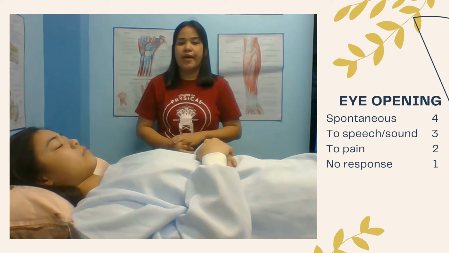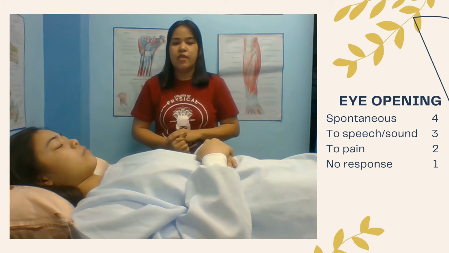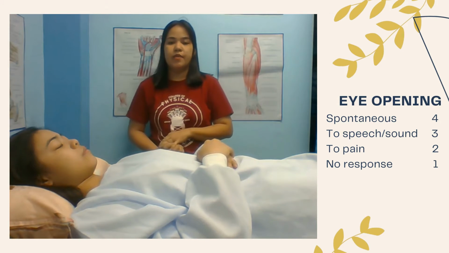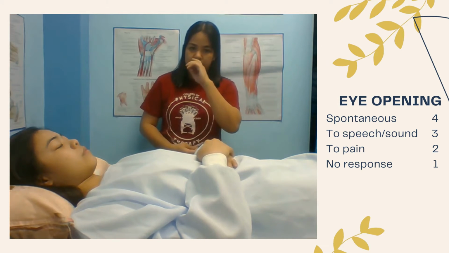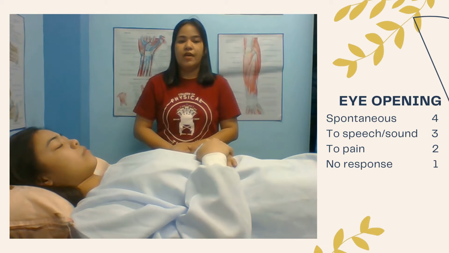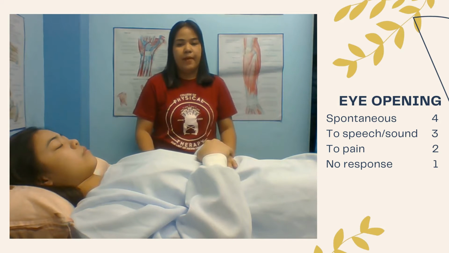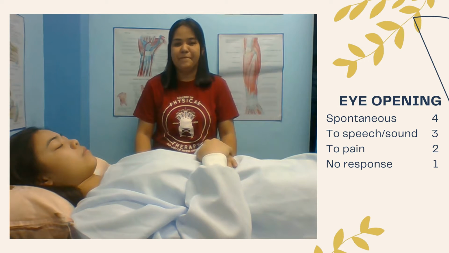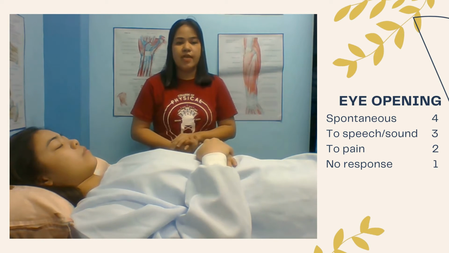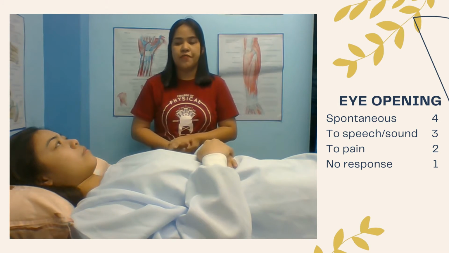The eye opening assessment is scored from 1 to 4, and the most severe is 1 because it shows no response. If the patient opens eyes spontaneously without external stimulation, the score is 4.